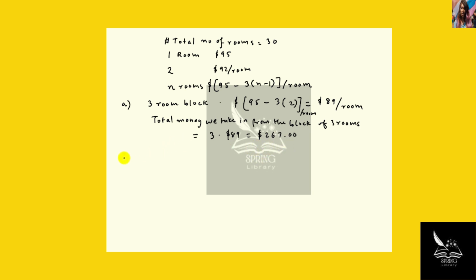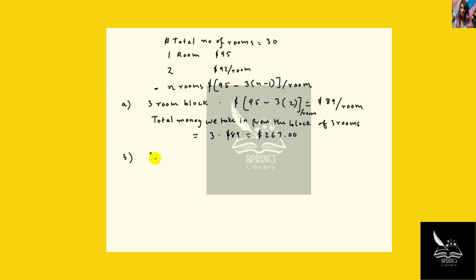In part B, we are asked to find a formula for the price per room when a block of n rooms is rented out to an organization, and that is what we have found here.